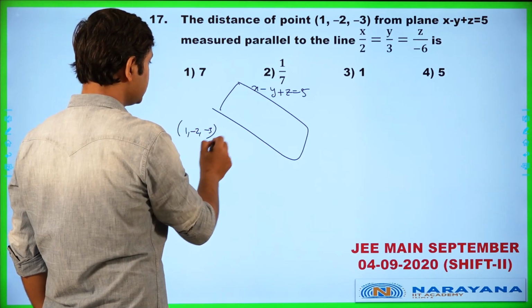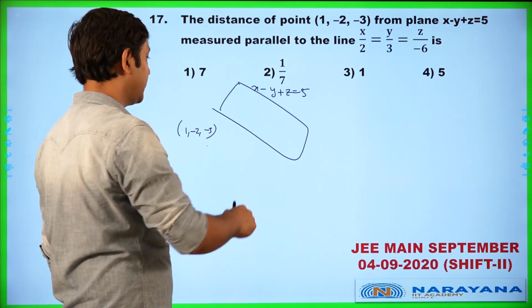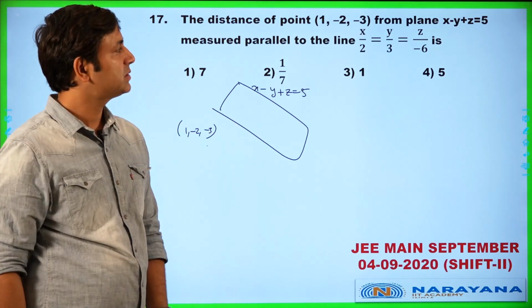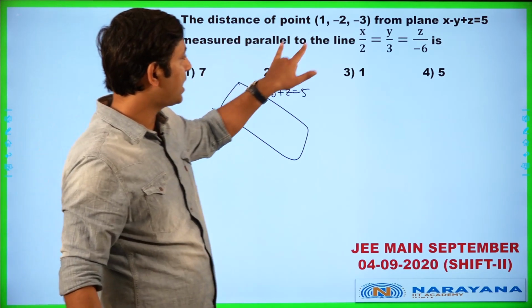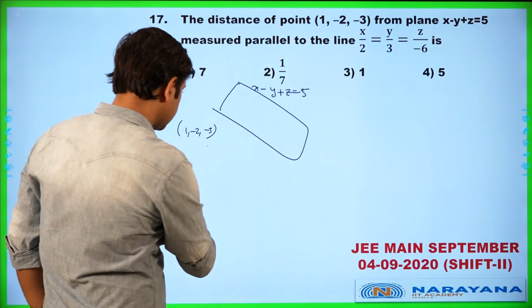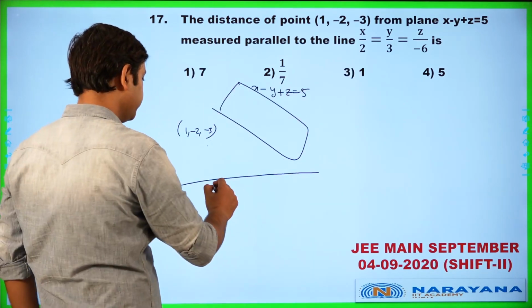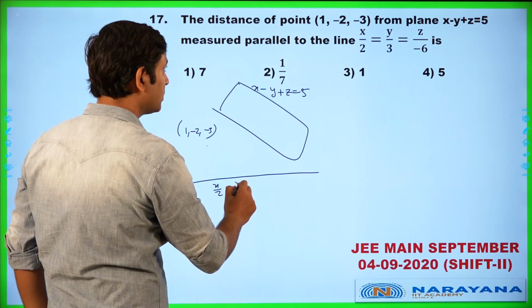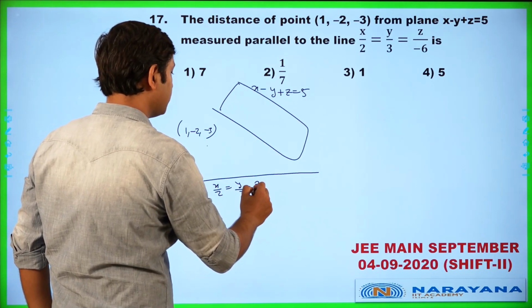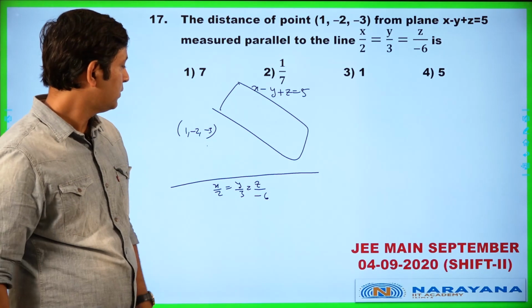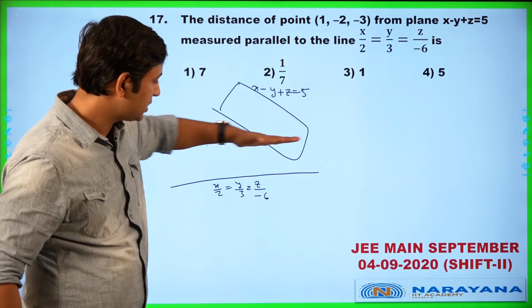We don't want the perpendicular distance. We want the distance measured parallel to this line, x by 2 is equal to y by 3 is equal to z by minus 6. We want the distance measured parallel to this line.